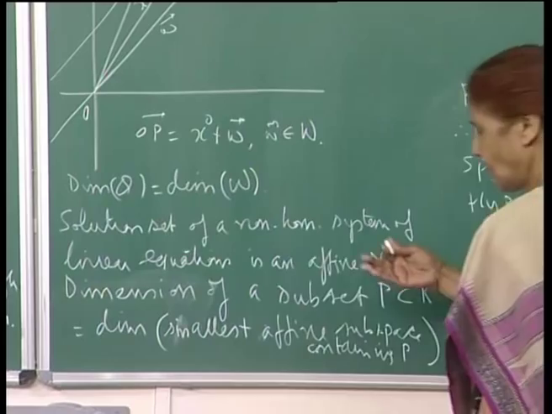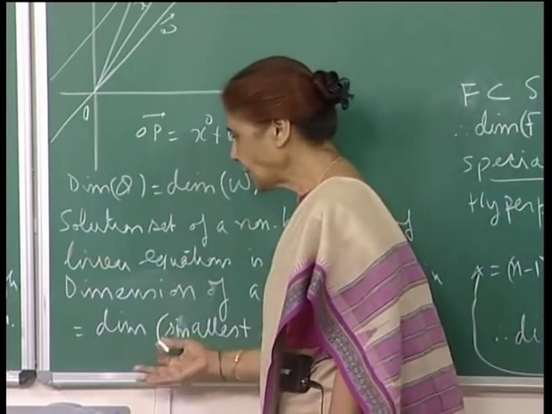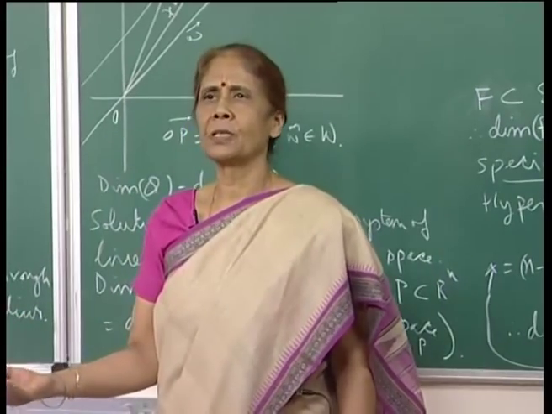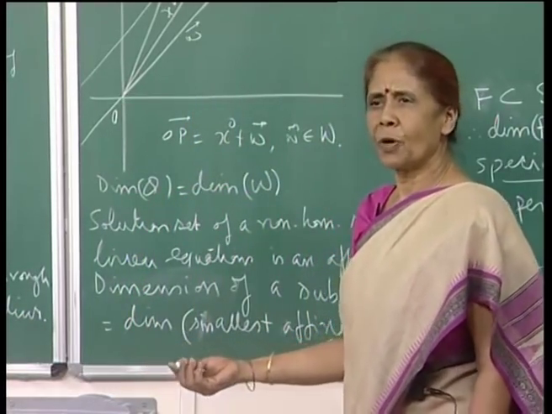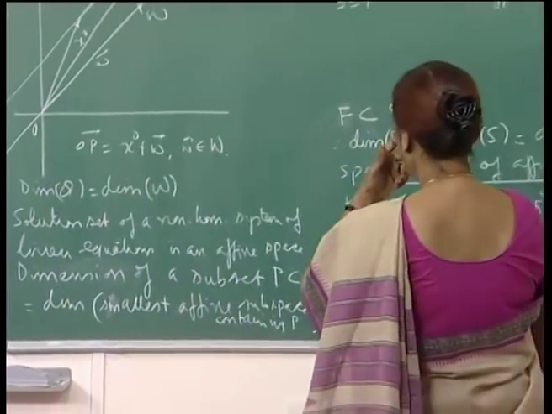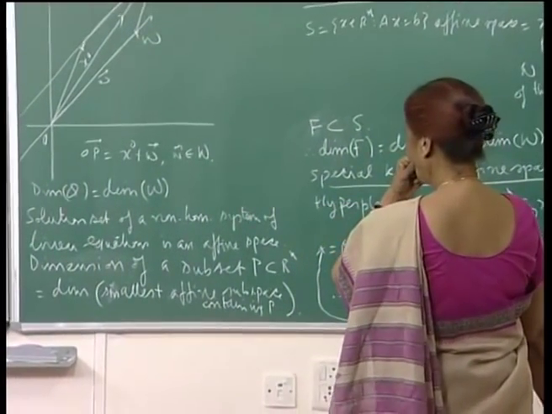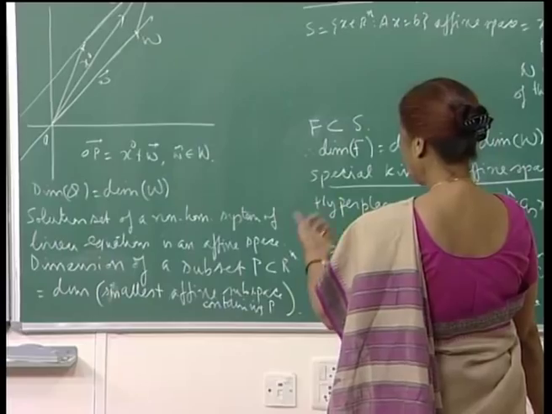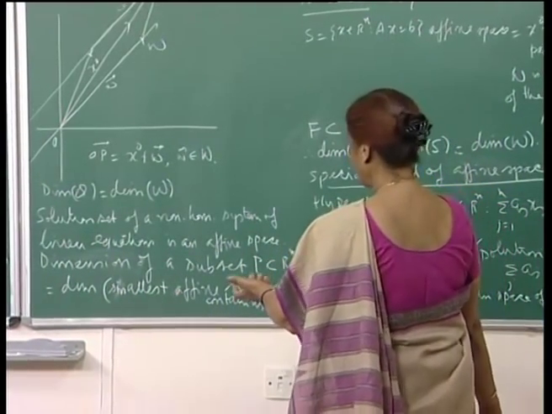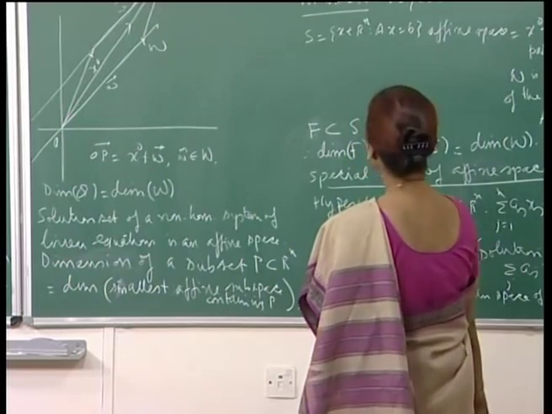Mainly we would be dealing with the dimension of the feasible region corresponding to a linear programming problem, so there should be no problem. Therefore, we want to find the smallest affine space which contains a subset, and then the dimension of that affine space would be the dimension of that subset.